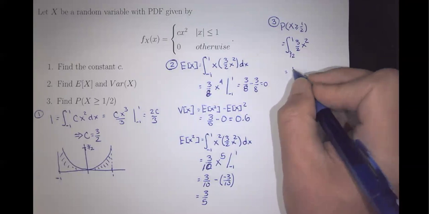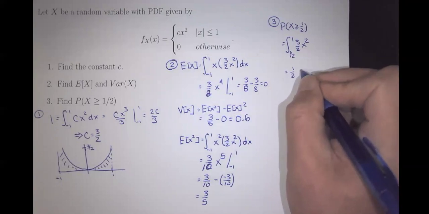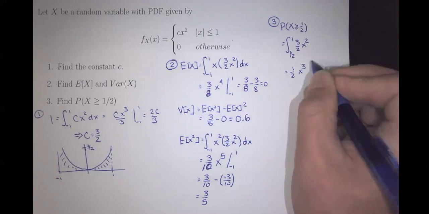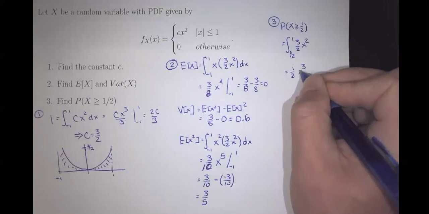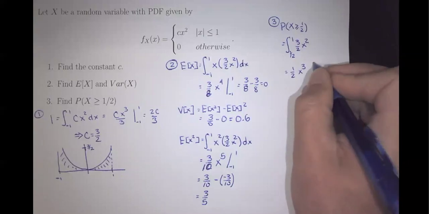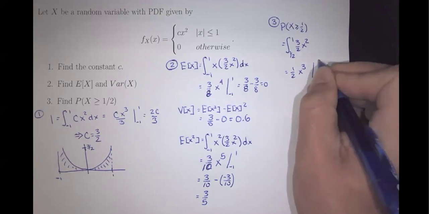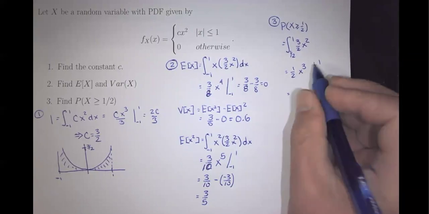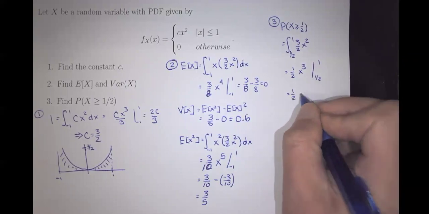So this is 1/2 x cubed, right? Raise this to the power of 3, divide by 3, it cancels with this 3 up top, going from 1/2 to 1. So when x is 1, we get 1/2.